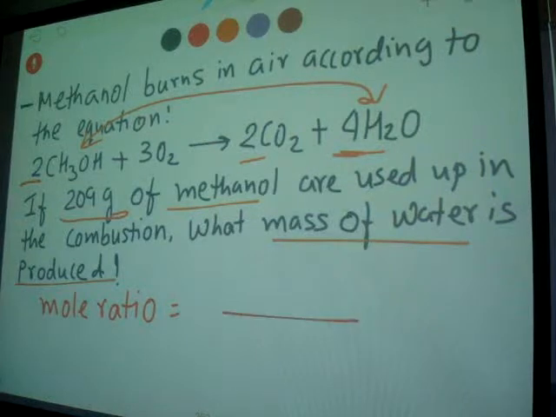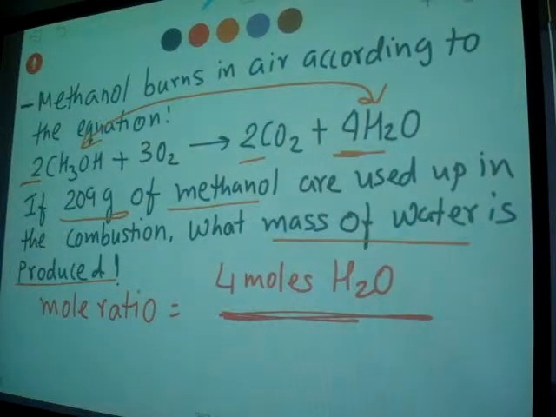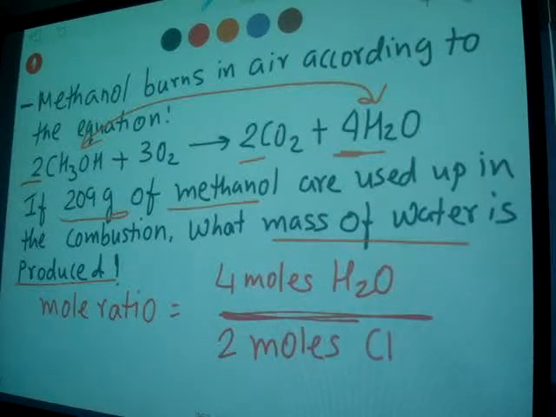And the mole ratio from this balanced equation, we have 4 moles of H2O, because that's the quantity that we need to find, and we have 2 moles of methanol. Okay, so that's the mole ratio we are using from this balanced equation.